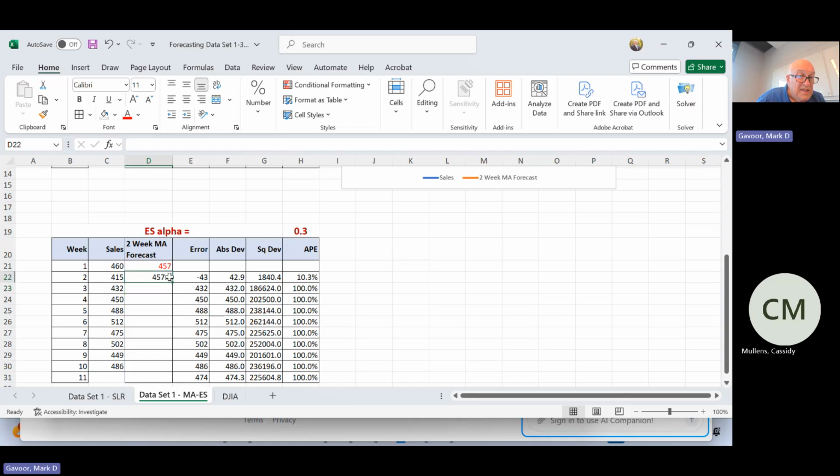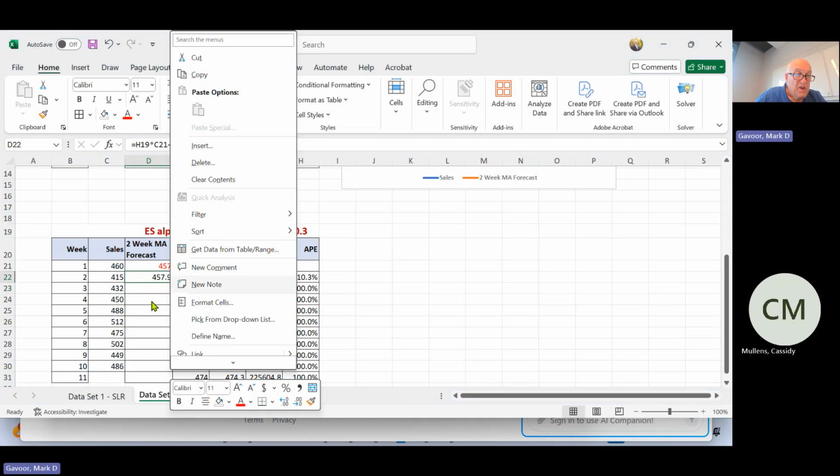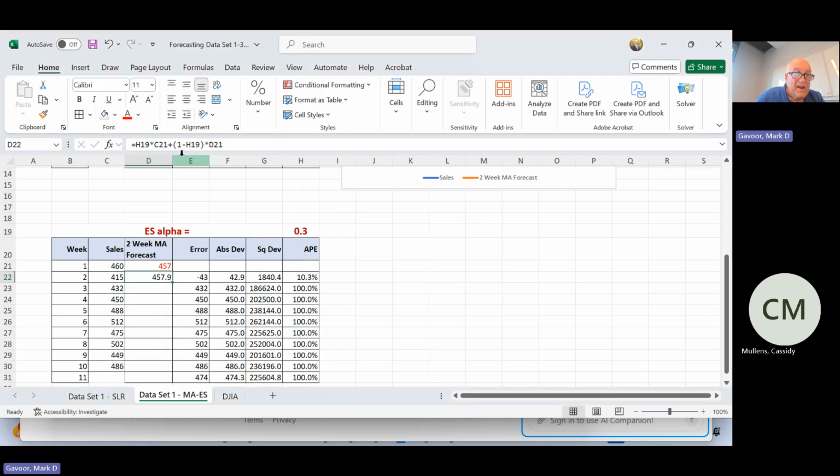The problem is if I drag this down, it will increment everything. The H's will go from 19, which is my alpha, to 20. The 21s will go to 22s. I want the 21s to go to 22s. I don't want the 19 to change, though. How do I do that? Lock them with dollar signs, right?